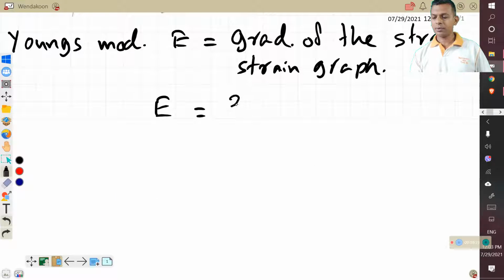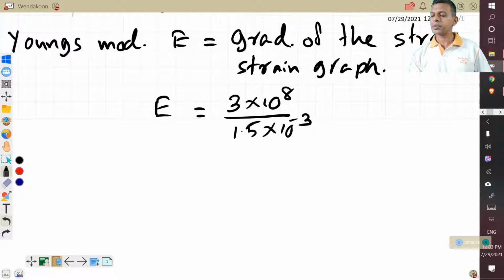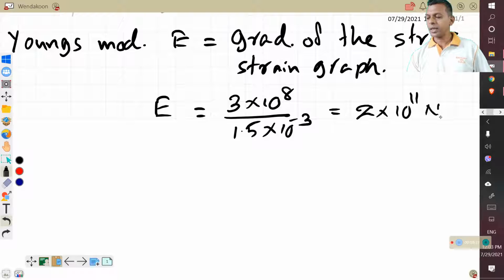Then we have 3 into 10 to the power 8 divided by 1.5 into 10 to the minus 3. So we have 2 into 10 to the power 11 N m minus 2.